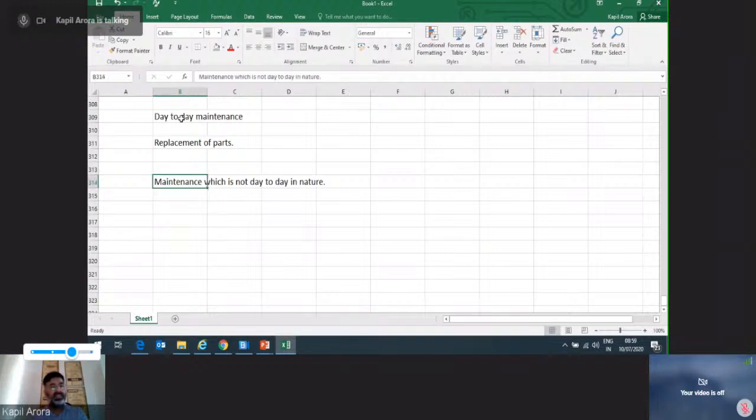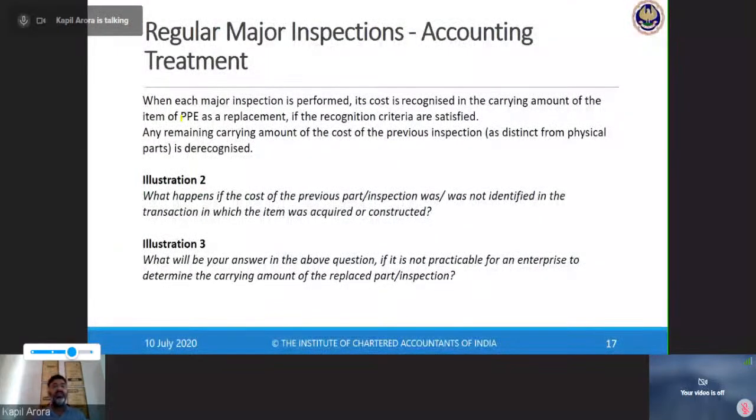Yes, guys, please answer. Can that be added or considered as the asset? Okay, so meanwhile, you answer that. Everybody answer that. I will talk about the major inspection and major overhauling. Exactly.